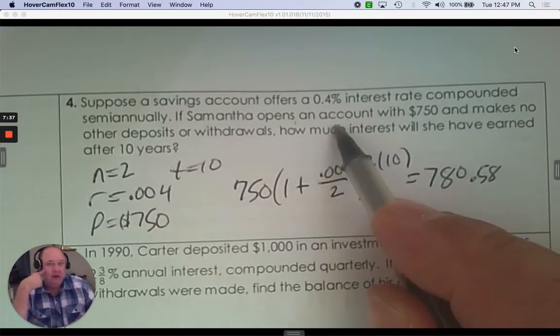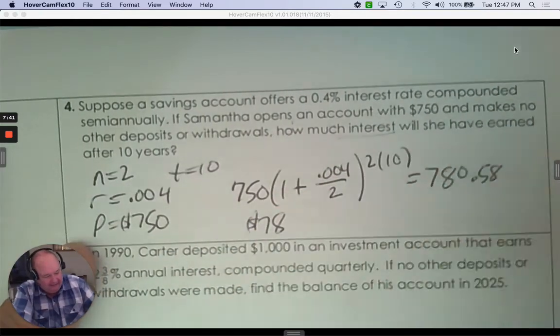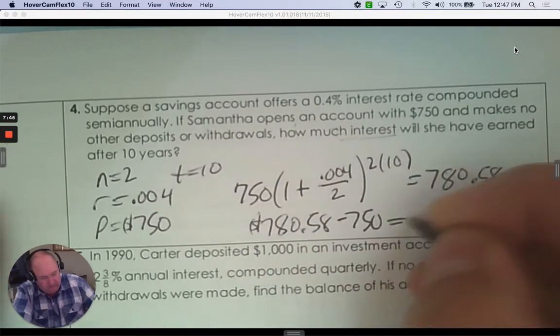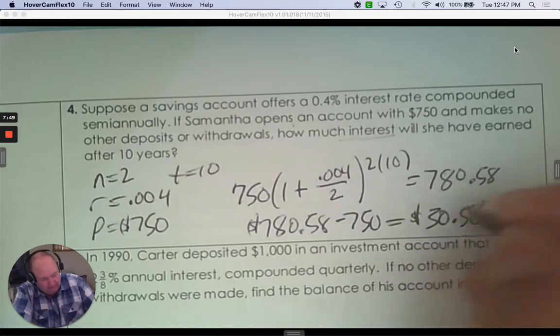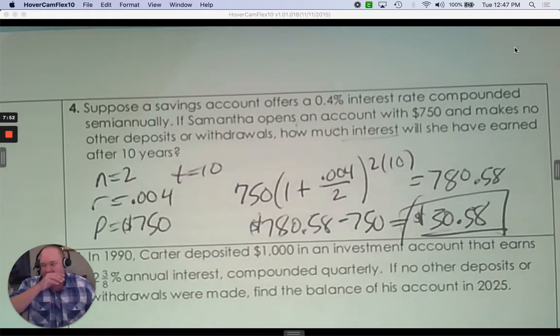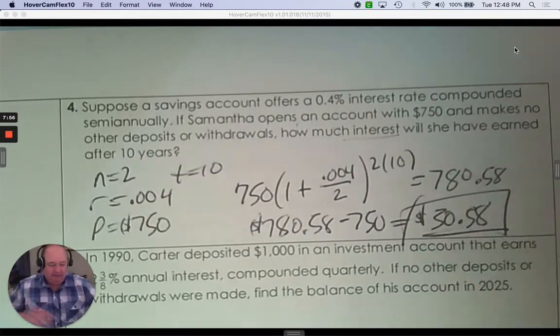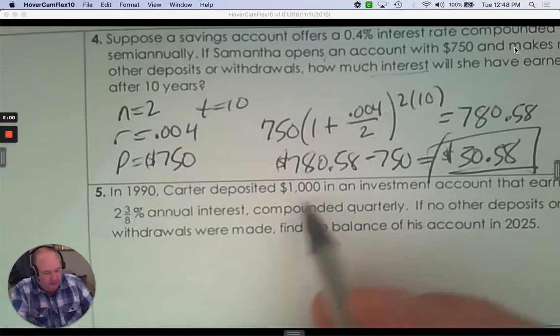The question is how much interest. So then we have to go 780.58 subtract 750. So what's left is the interest. So how much did she gain in interest? And the answer is $30.58.